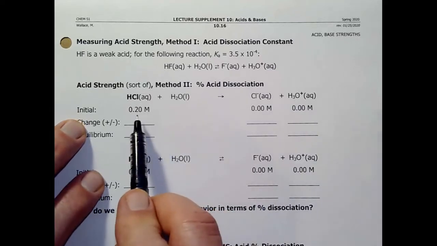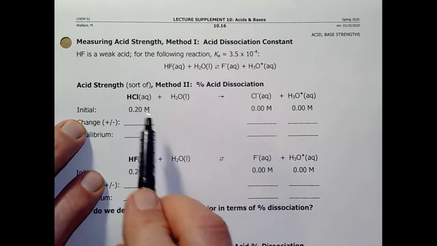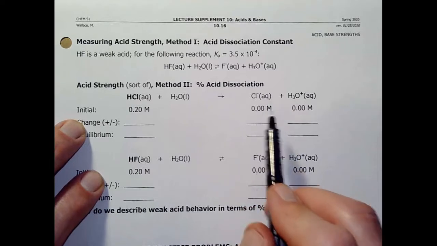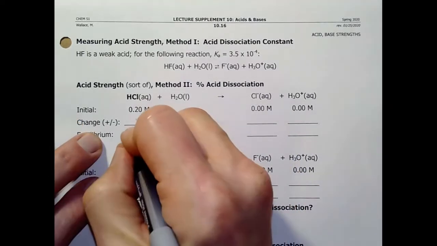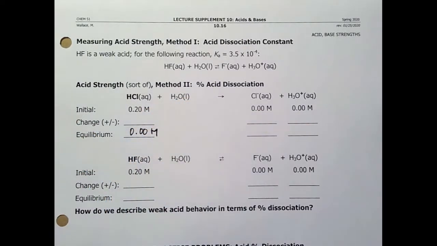Well, notice what happened. I started off with 0.2 molarity HCl, no H3O+, no chloride. At equilibrium, say a minute later, that's what I've got.